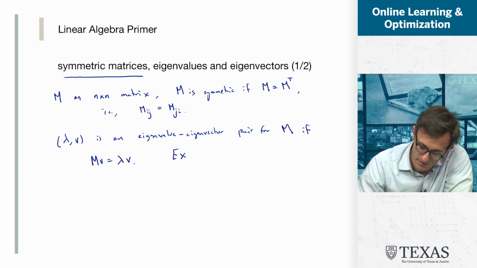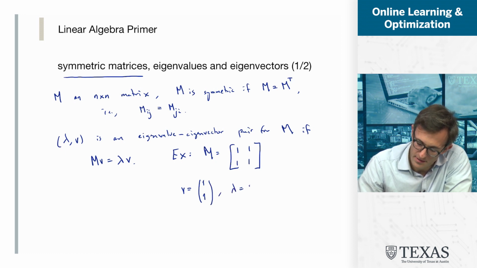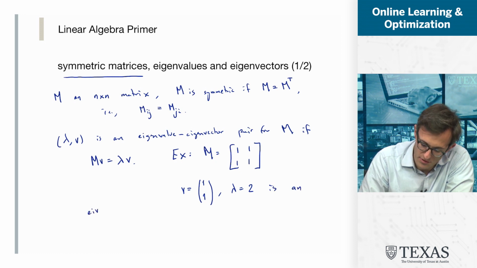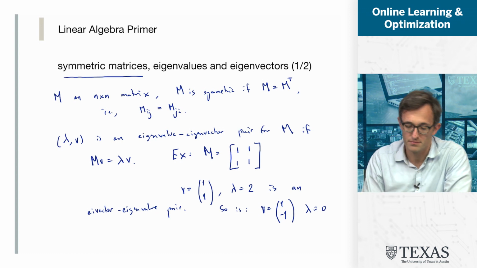So for example, if M is the matrix 1, 1, 1, 1, then you can check that the vector v = (1, 1) and lambda equals 2 is an eigenvector, eigenvalue pair. You can also check that the vector v equal to (1, -1) and lambda equals 0 is also an eigenvector, eigenvalue pair.